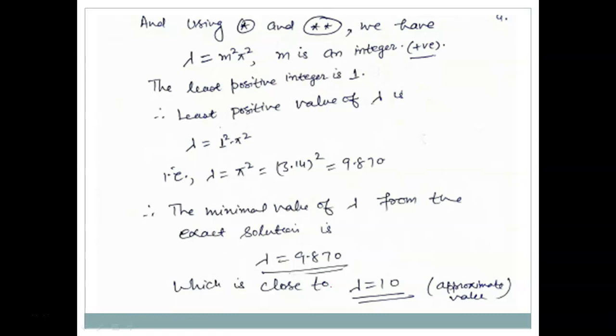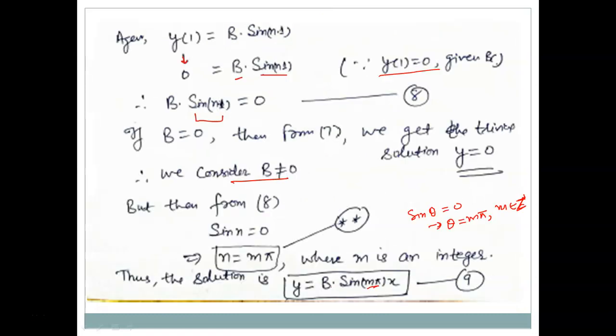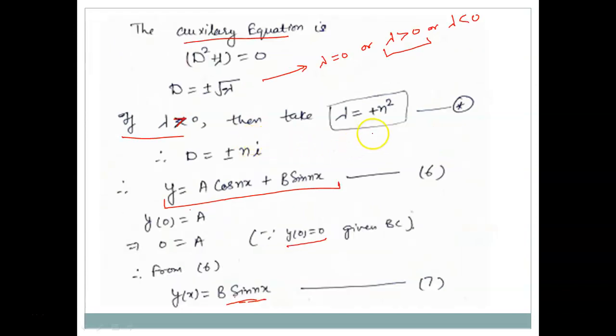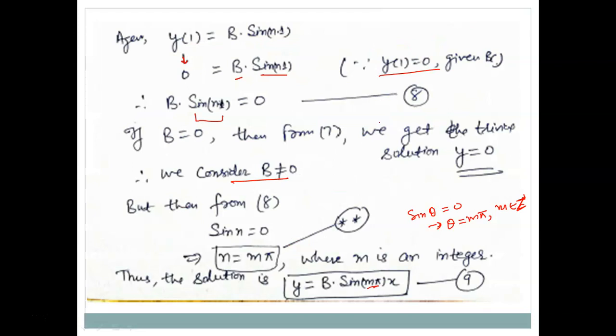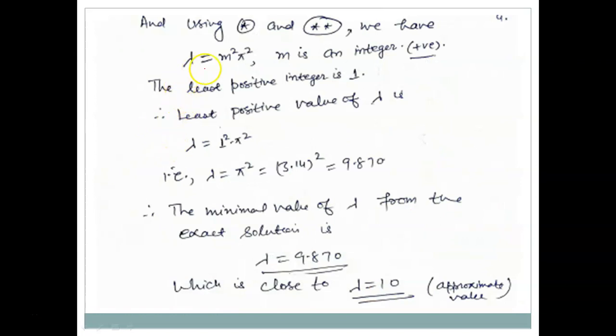Now using equation star and double star. In star, the value of lambda is given, and in double star the value of n is given. Then when you put the value of n in lambda, you get lambda equal to m square pi square. M is an integer, in fact here we'll consider the positive integer, because we have already considered that the value of lambda is positive, meaning greater than 0.